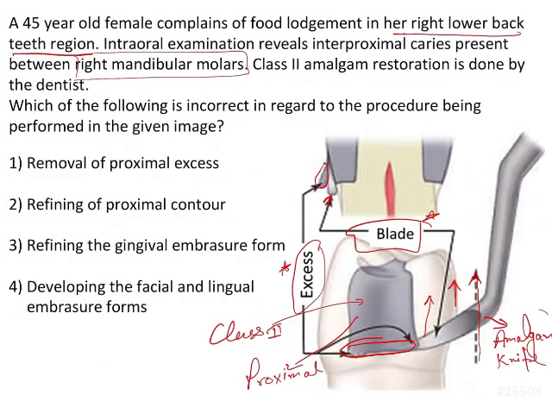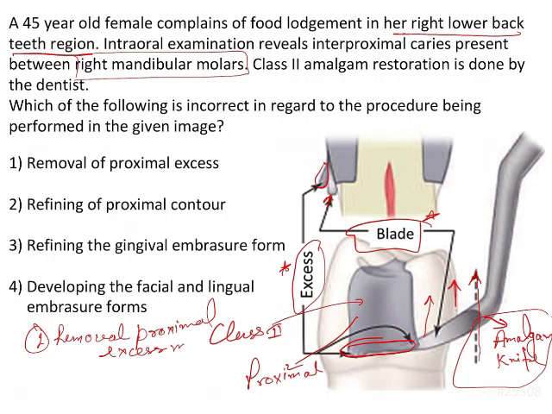If we see here, this is going to be your amalgam knife, and the first and foremost function is the removal of the excess or the proximal excess material. The second important function is to give the embrasure form, or basically refining the embrasure form, and this particular embrasure form is going to be the gingival, right?